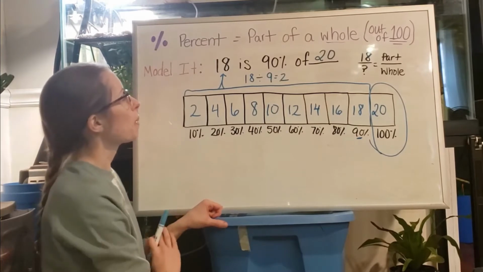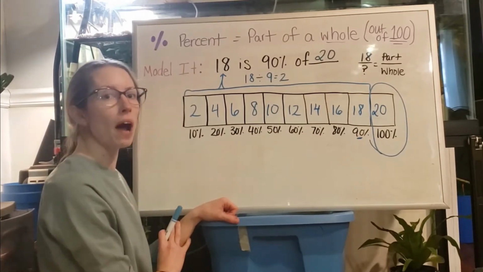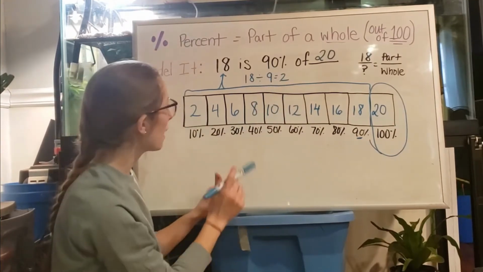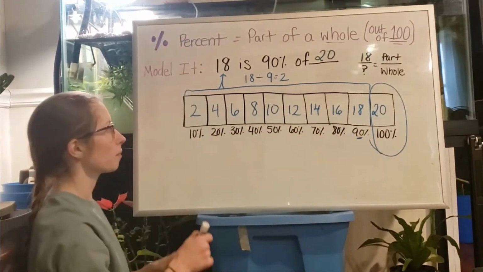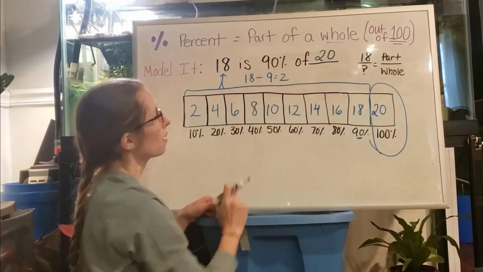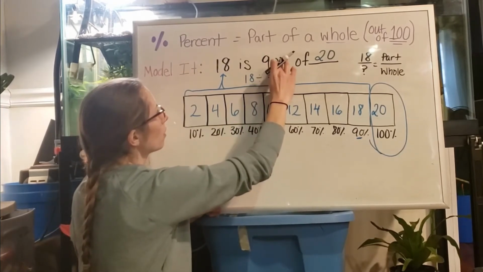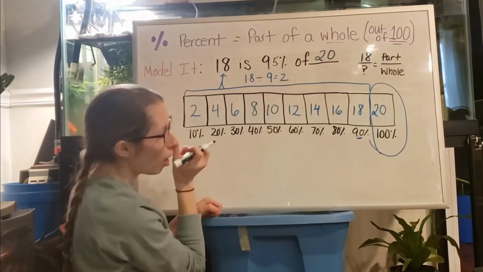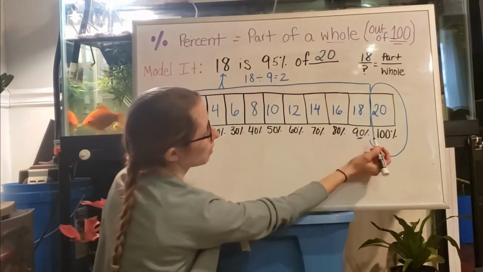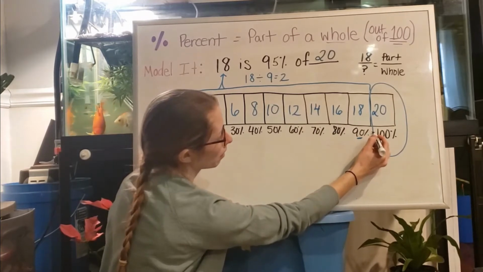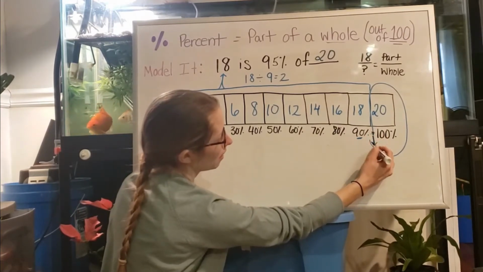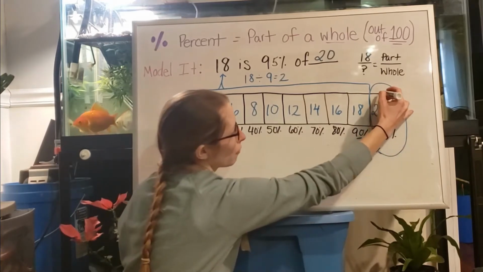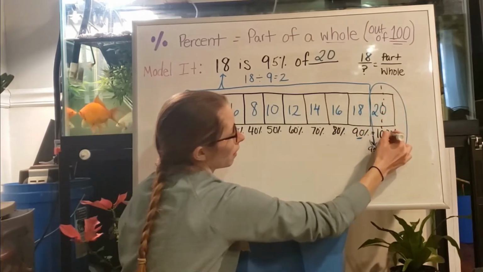Now, some of you are probably wondering, well, what if I don't have a percent that goes up by 10? Let's say I have 95%. So if I were to take this 90 and change it to a 95%, then all I would do is simply say, well, I know 95 is halfway between 90 and 100, which means I need to take half of this value here.